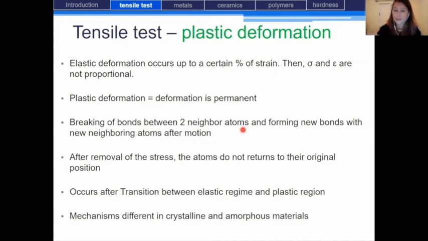After removal of the stress, the atoms do not return to their original position. There are different mechanisms that can explain this plastic deformation in crystalline and amorphous materials, and we are going to describe these mechanisms.